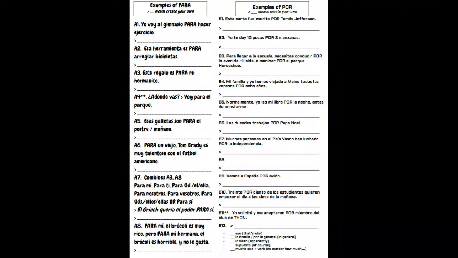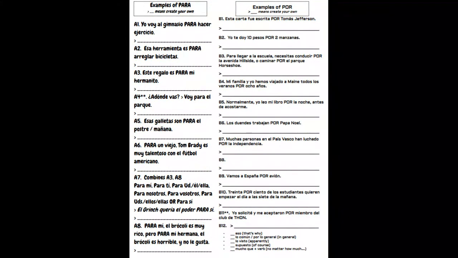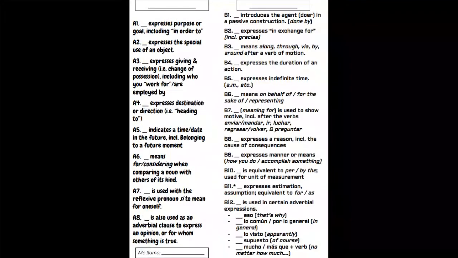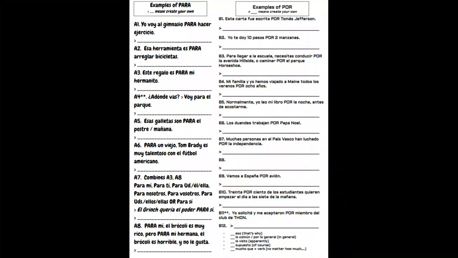You could also use it as a percentage. 30% of the students want to start the day at 7 in the morning. But again, another example, you could use it for per pound, let's say, right? El pollo cuesta $3 por libro. Okay.